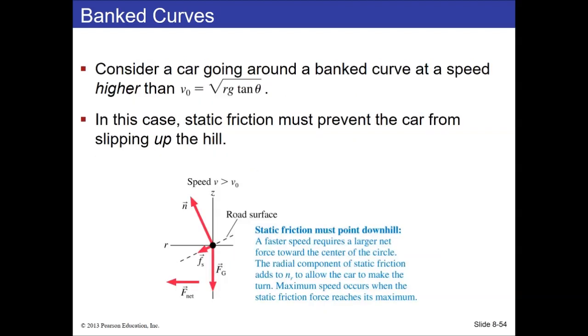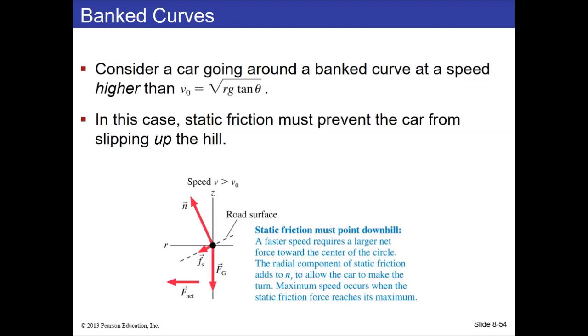All right, so here is a consideration you have to make if you go faster than that v naught speed. If you go faster, well, you're going to need more centripetal force to get you in that circle. So that means you're going to have a component of static friction that points down. Again, if you're going very fast, you're going to want to go in that straight line.